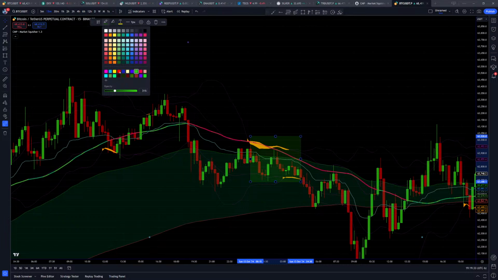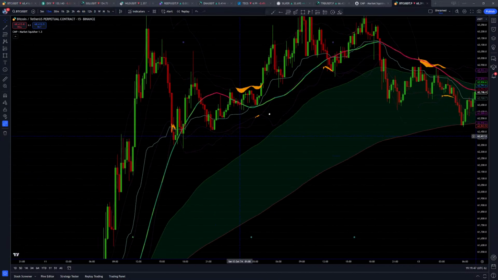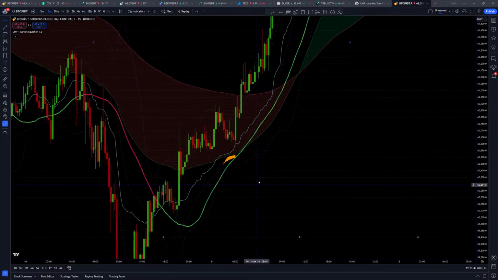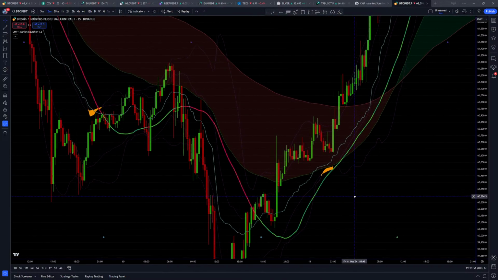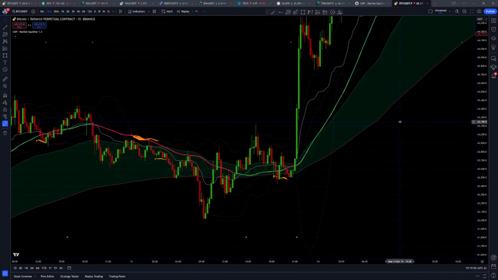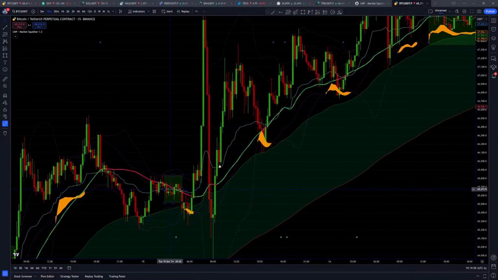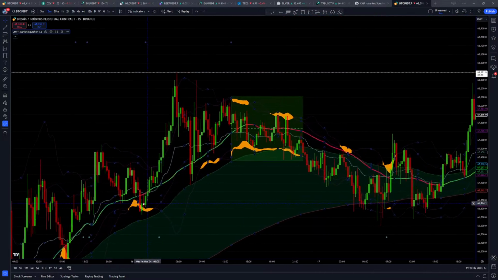What you want to look for is when the squeeze is getting thick, and it keeps getting thicker and thicker, which means both the Bollinger Band and the Keltner channels, both your average true range or ATR and your standard deviation, are constricting, which means you are going to get a very significant pop afterwards.